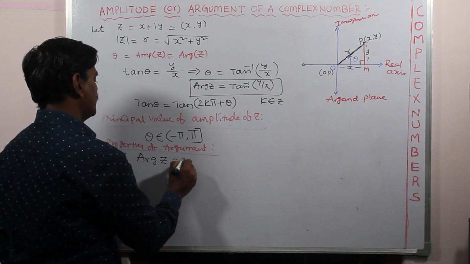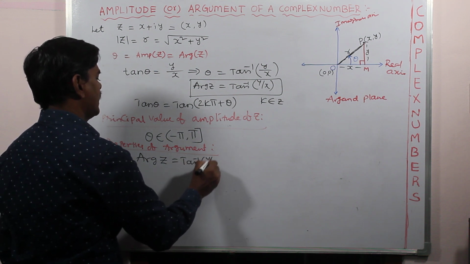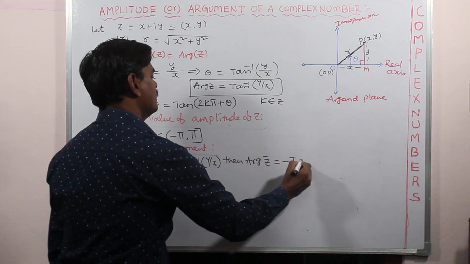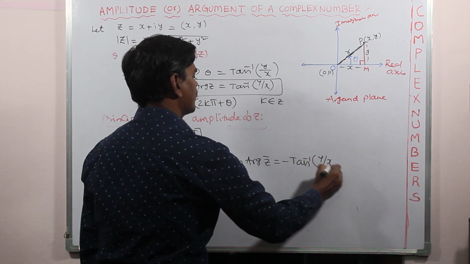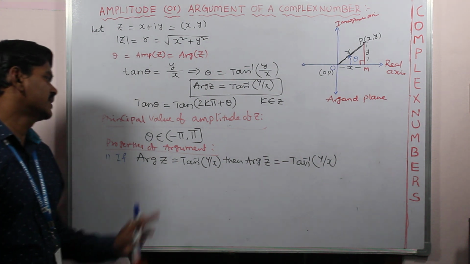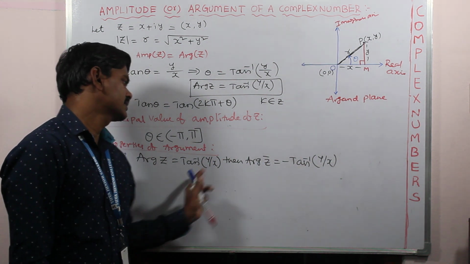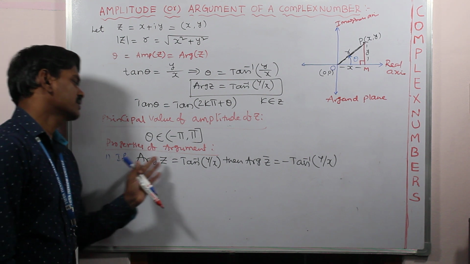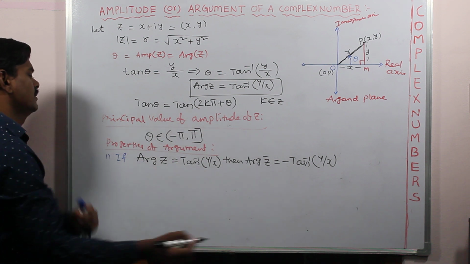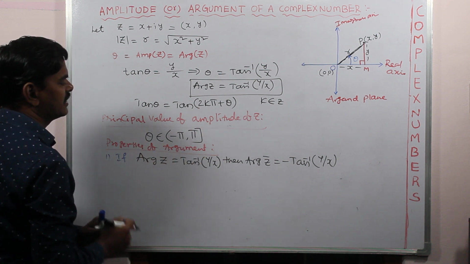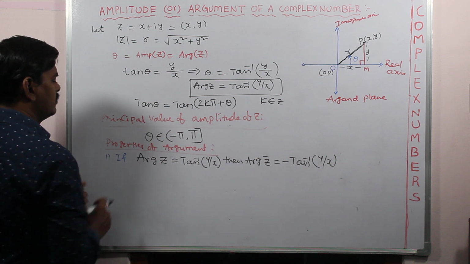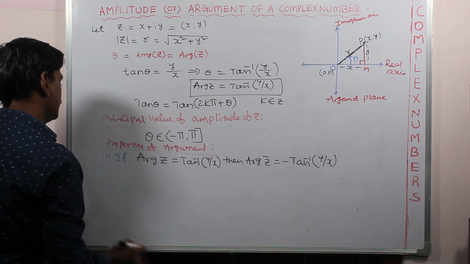If argument of z is tan inverse of y by x, then arg z bar is equal to minus tan inverse of y by x. Both z and z bar arguments differ only in sign. Suppose arg z is equal to 30 degrees, we can say arg z bar is equal to minus 30 degrees. If arg z is 150 degrees, arg z bar becomes minus 150 degrees. So if you know the value of arg z, we can find arg z bar.